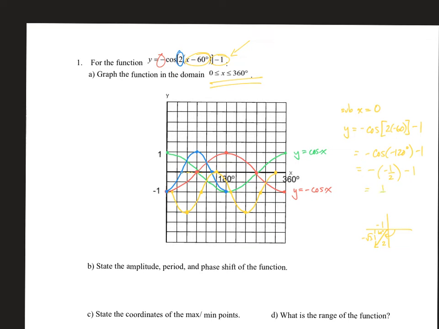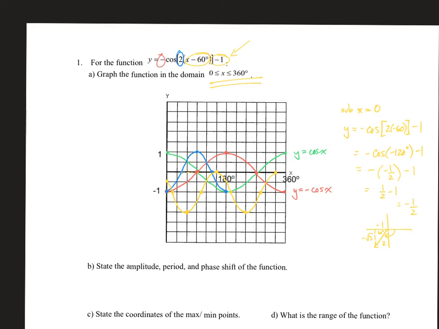So I can finish calculating that, and I'm going to get -1/2. I just came up with the exact value for what my y-intercept should be. That tells me then that at 0, I should be exactly at negative 1/2. And now I can complete my graph correctly.